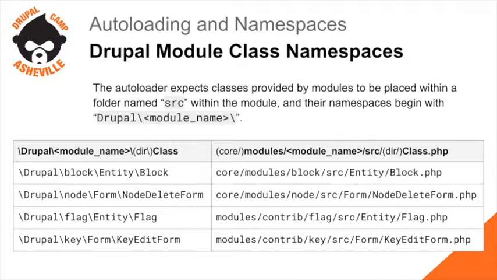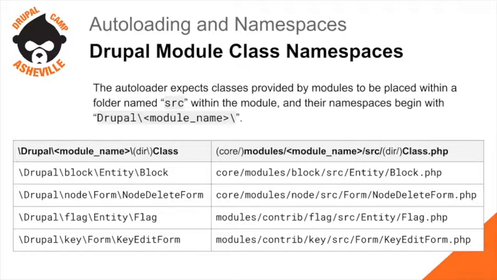Always use lowercase for module names. Yes. Really what's happening is chances are it's actually looking at both places. I'm not positive about that, but basically this prefix is what tells Drupal where to look, and then the rest is folder structure within the module.